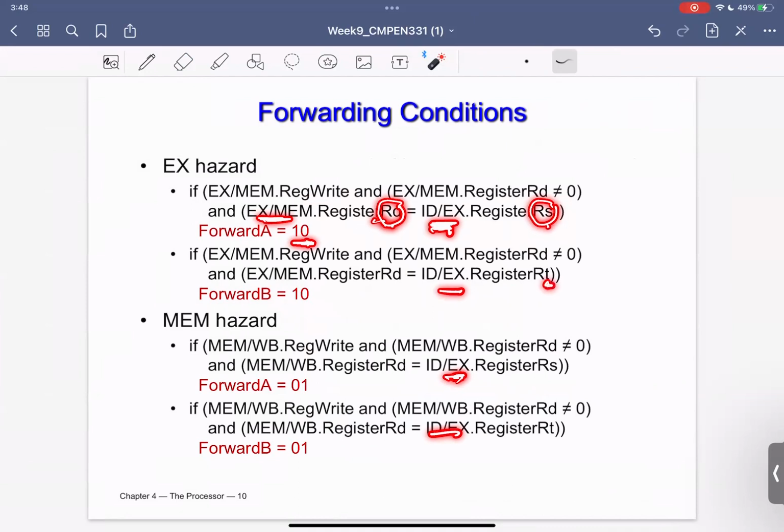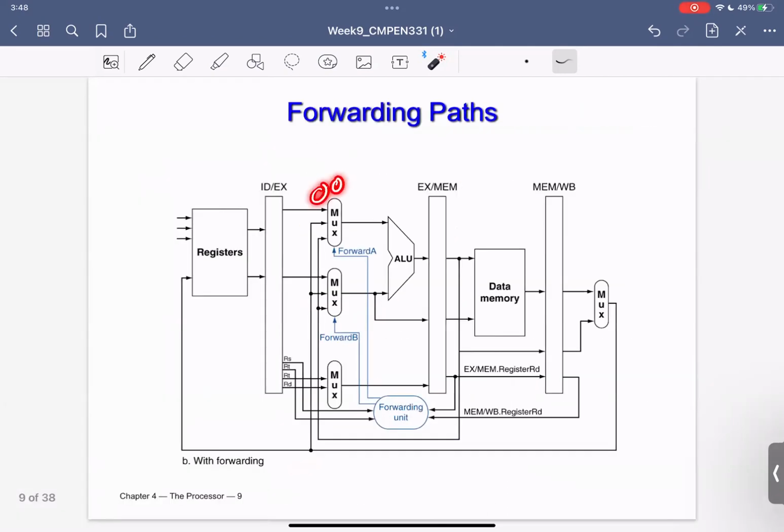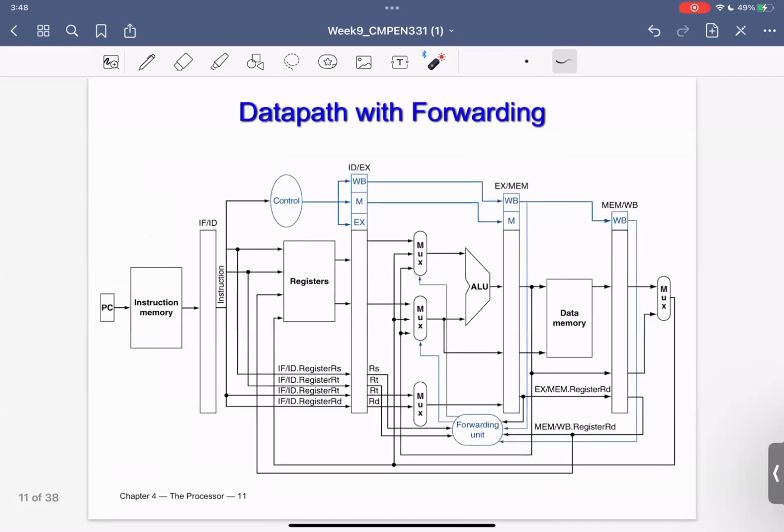If it is equal to the RT, also the same, choose 1,0. But if it is equal to the memory/write back, which means I'm comparing the output of the memory to the input of the ALU, then in that case I choose the output of the memory, which is the forwarding from the memory, and in this case it is 0,1 instead. This is 0,0, this is 0,1, and this is 1,0 in that particular scenario.